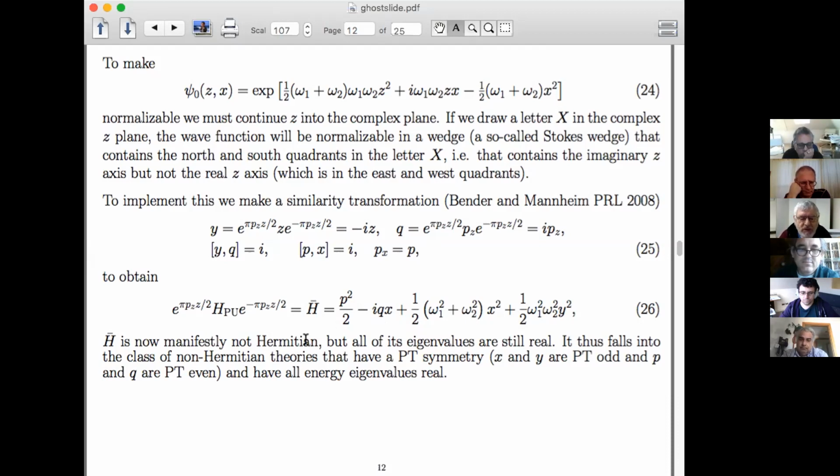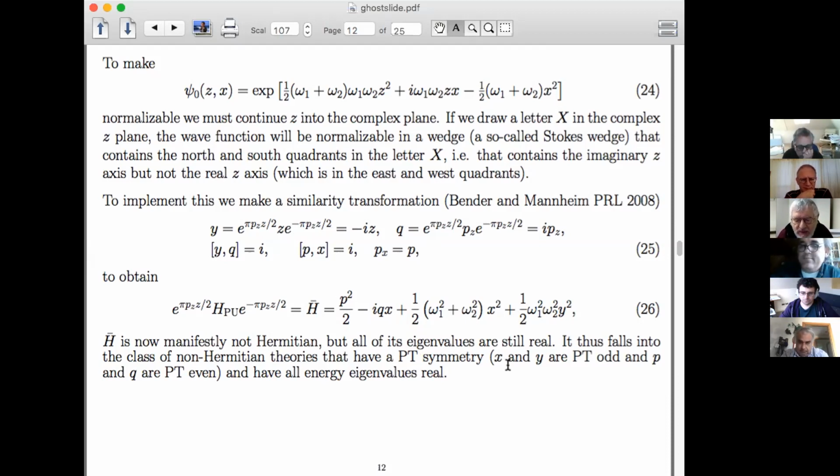Now, the energies are still real because we made a similarity transformation. So energy eigenvalues can't change. However, now the Hamiltonian is manifestly not Hermitian, yet its energy eigenvalues are real. Therefore, it falls into the PT category.